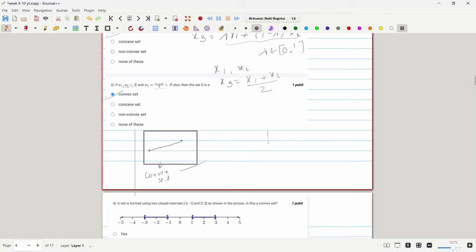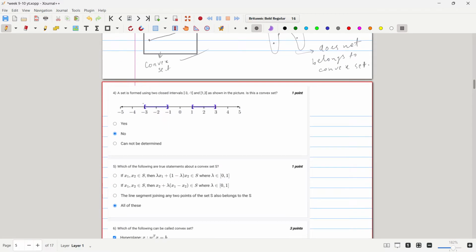Now let's suppose your graph is like this, and you choose these 2 points. Can you join a direct line segment to both the points? No, you can't. So this graph does not belong to a convex set.